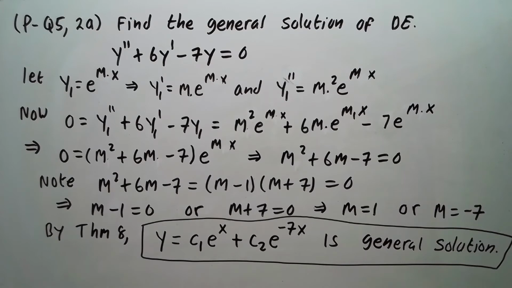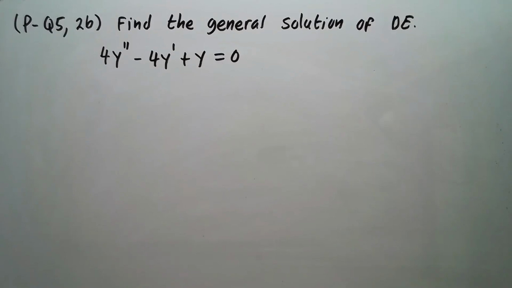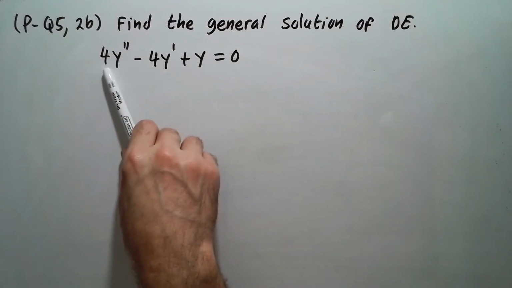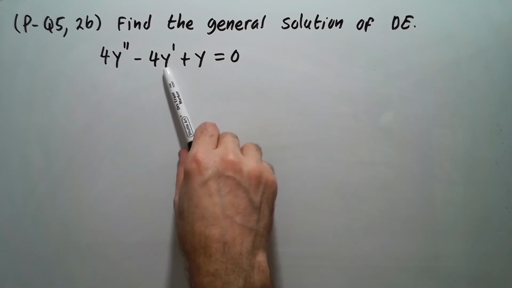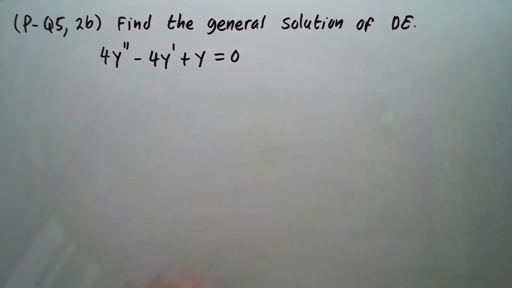Okay, so let me erase a few things and we'll start at 2b. So here's 2b. Find the general solution again. This time we're given 4y double prime minus 4y prime plus y equals 0.